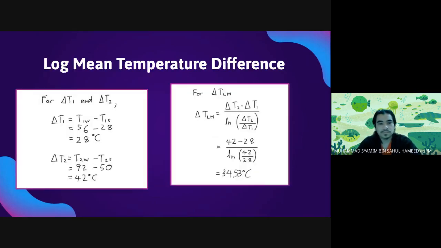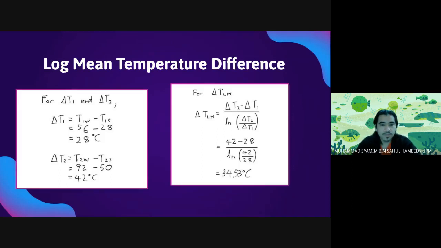For the log mean temperature difference, first we need to find ΔT1 and ΔT2, where we simply subtract the temperature of the sludge from the water at the T1 area and also for the T2 area.